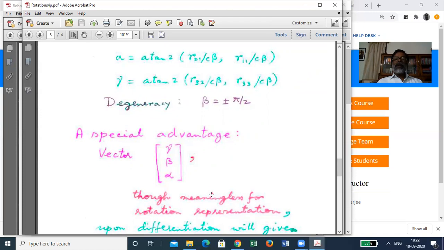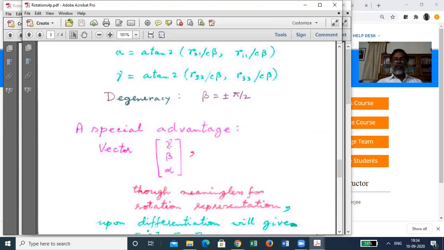So, though it is meaningless for rotation representation, upon differentiation of this, the derivative that you get, gamma dot, beta dot, alpha dot, that indeed will represent angular velocity correctly. Because even though rotation itself is a tensor, cannot be treated as a vector quantity, and its composition is not commutative, you see, small rotation can be considered as vector, and therefore rotational velocities can be treated as vectors, and indeed you know that angular velocity is a vector.